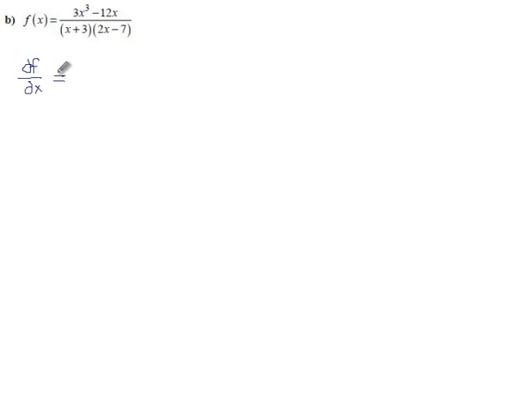df dx equals. So our rule tells us that we have, again, I'll map this out, and I find this helpful, and you may not need to do it forever, but you might find it's good, especially in your first couple days of trying these. We're going to have bottom times derivative of the top minus top and derivative of the bottom.